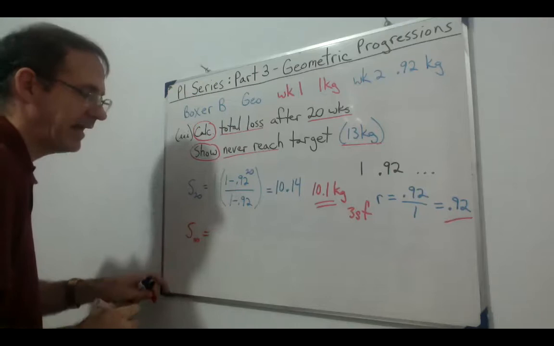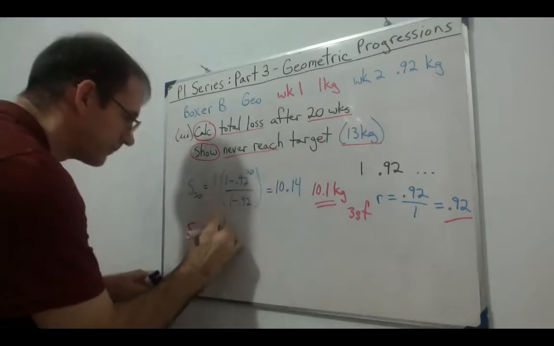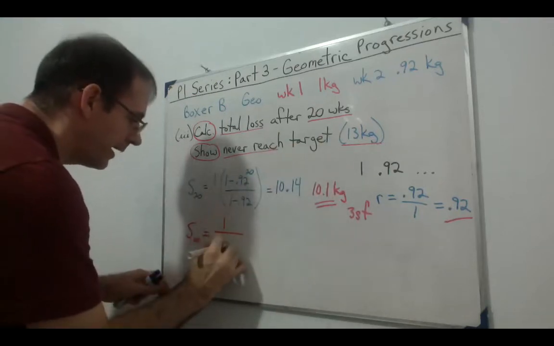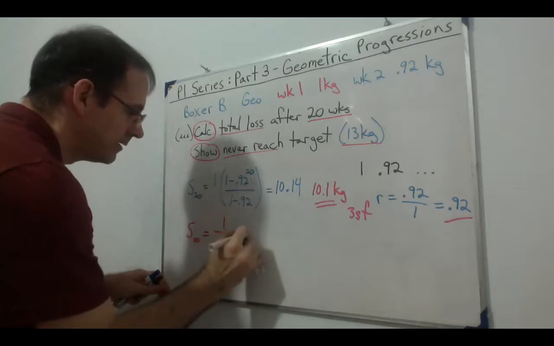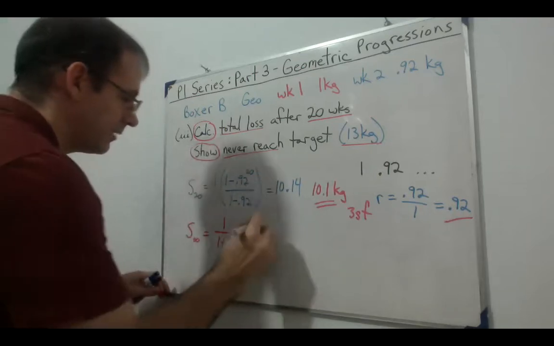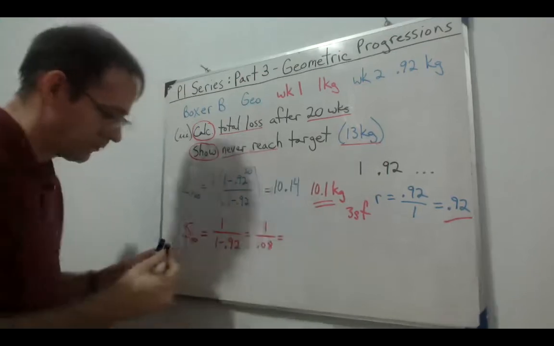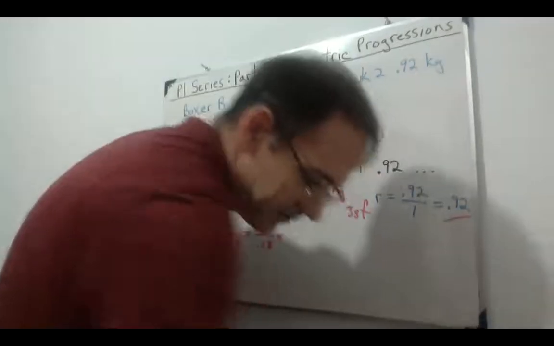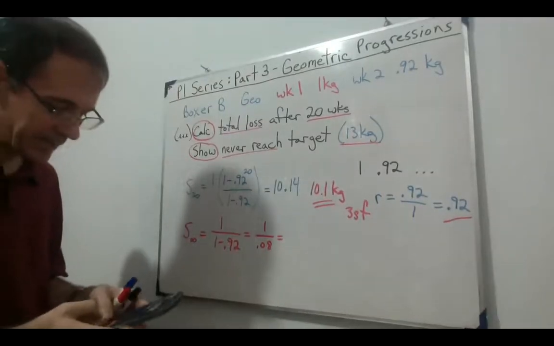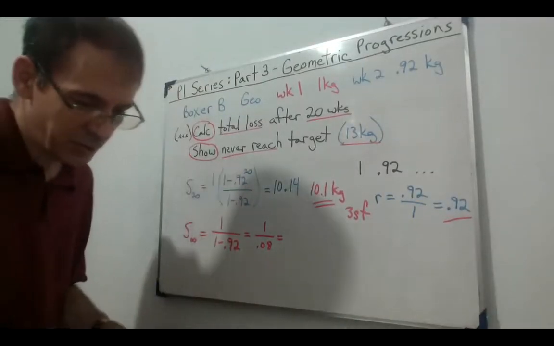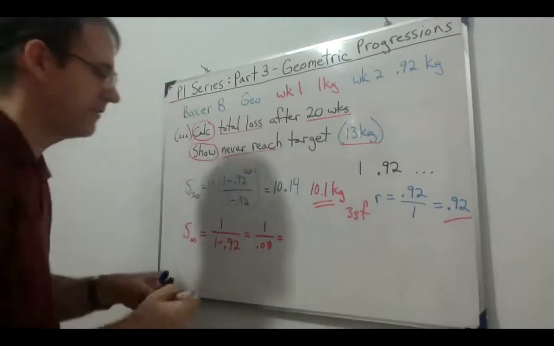And we get a1, which is 1, over 1 minus r. So you get 1 over 0.08. And when you put that in your calculator, 1 divided by 0.08, you get 12.5.